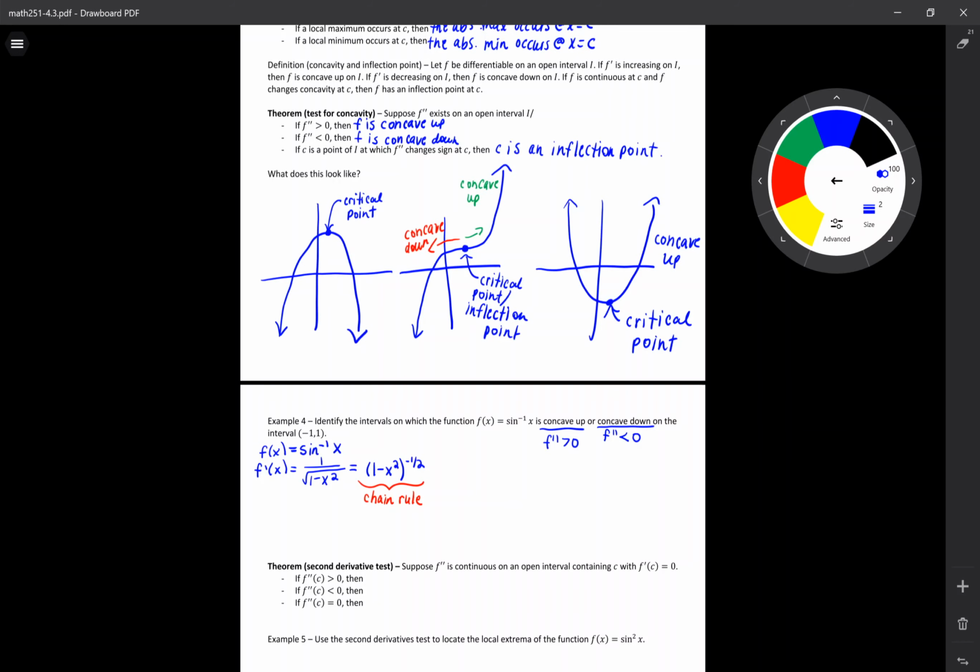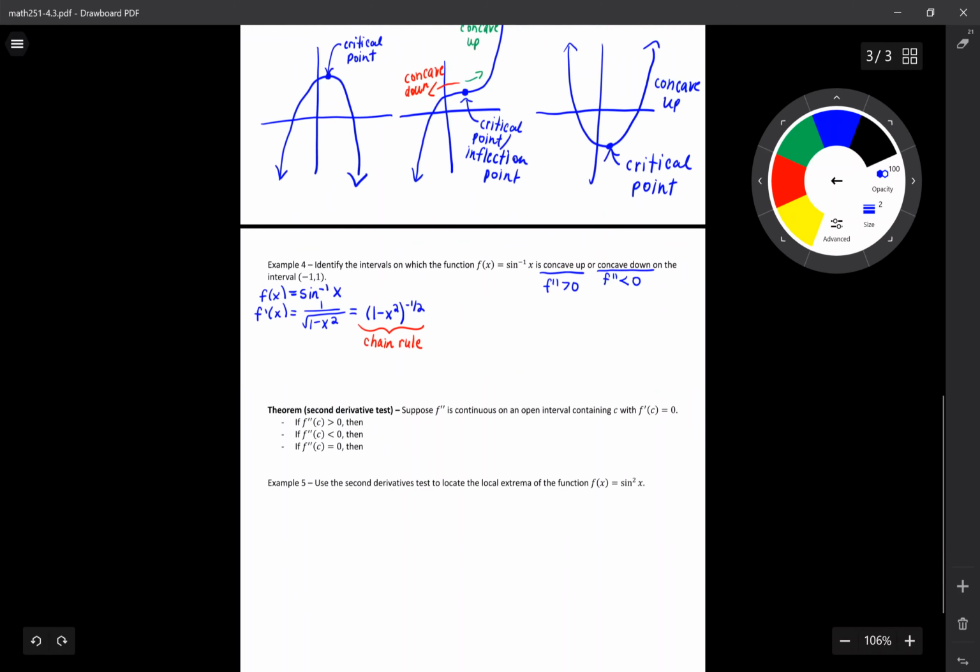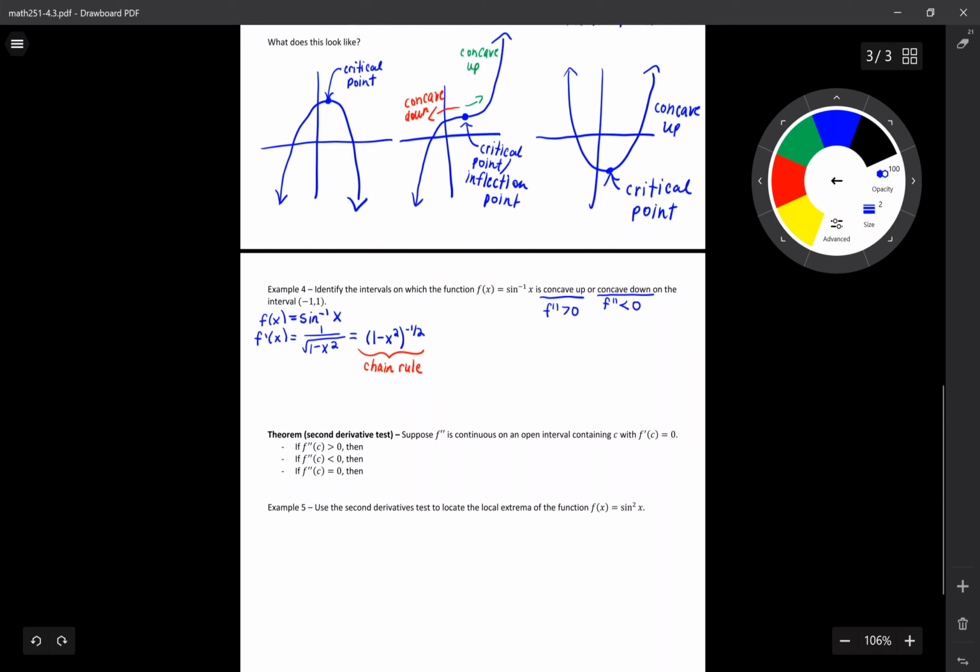All right, so we are going to have to use the chain rule here. That means that my outer function f is x to the power of negative 1/2, and my inner function g is 1 minus x squared. This makes f prime equal to negative 1/2 x to the negative 3/2, and g prime equals negative 2x.